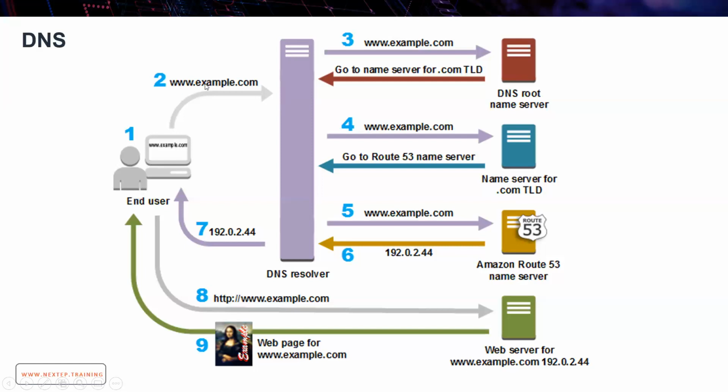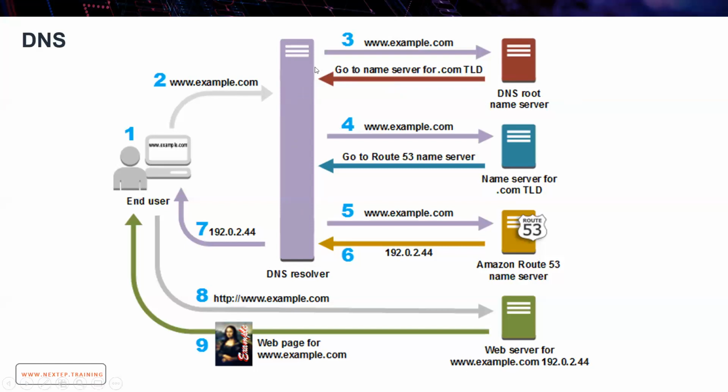Can you give me? So the ISP has a concept of a DNS resolver. This guy would say that I don't know that, but I know how to look that up. First, the DNS resolver will go ask a root name server. There's something called a root name server.